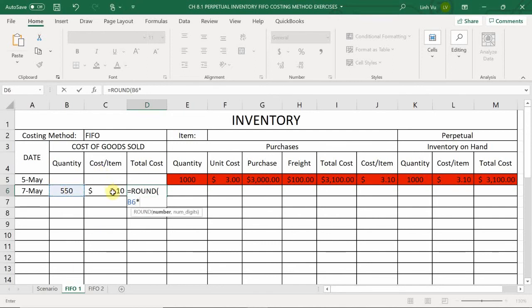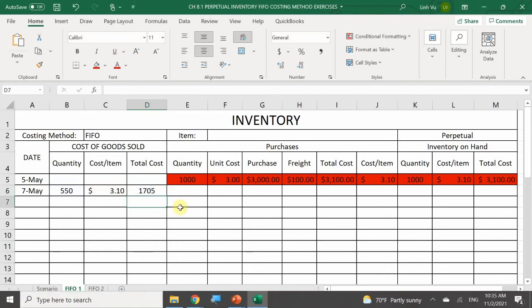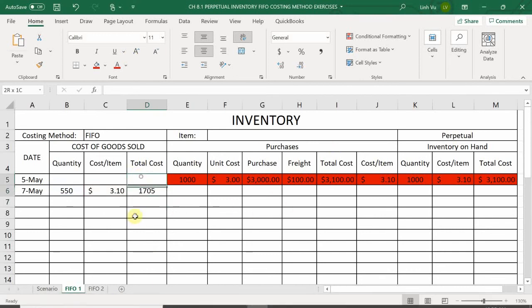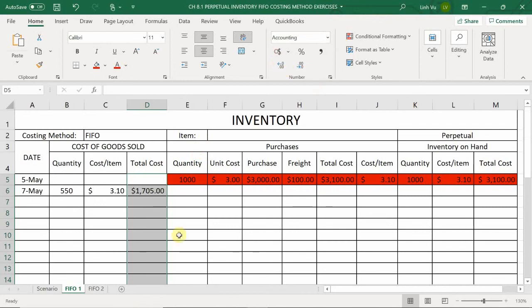And did anybody solve how much is going to be my total cost of goods sold here? $1,705. So I need to format this so then it is like that. Okay. So here, $1,705. So what I'm going to do here is show you what to do.